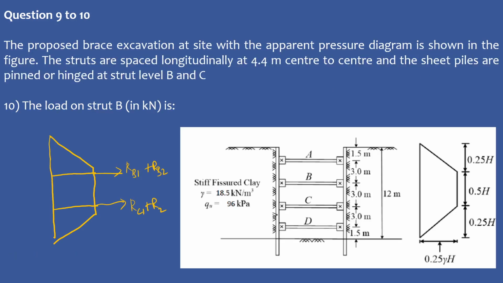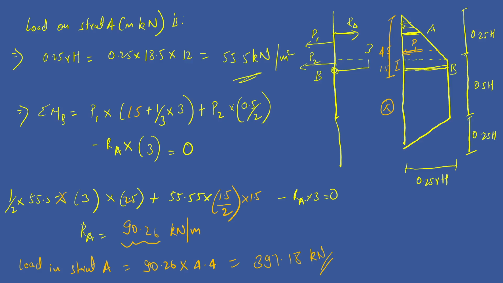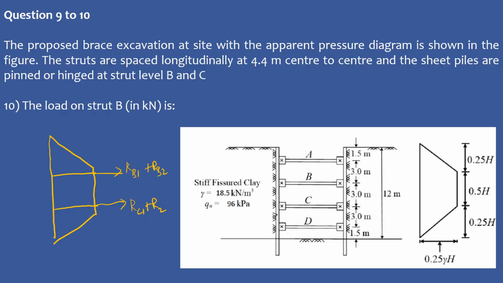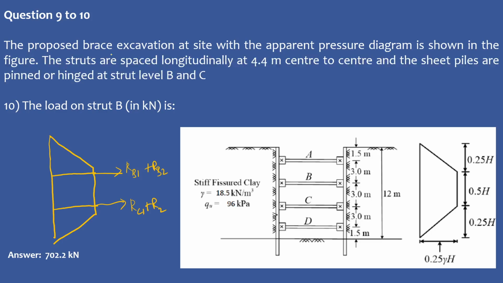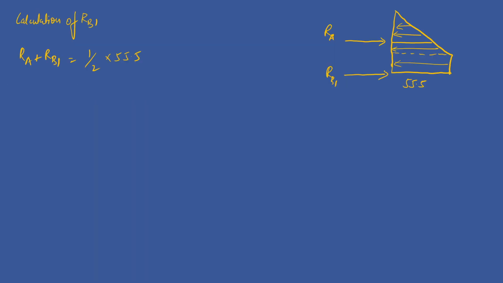We already know the pressure which you have calculated. So P1 is none other than half into 55.5, and the triangular height is 3 meters.